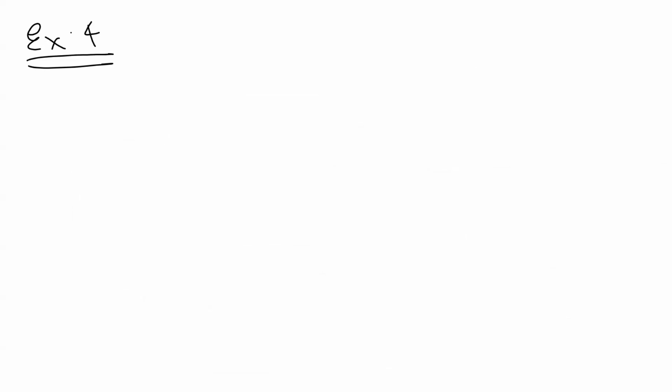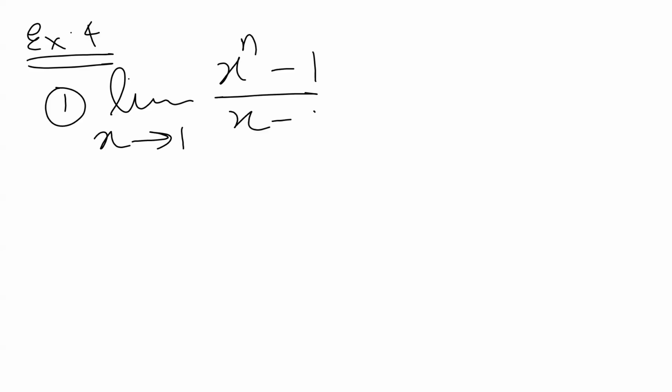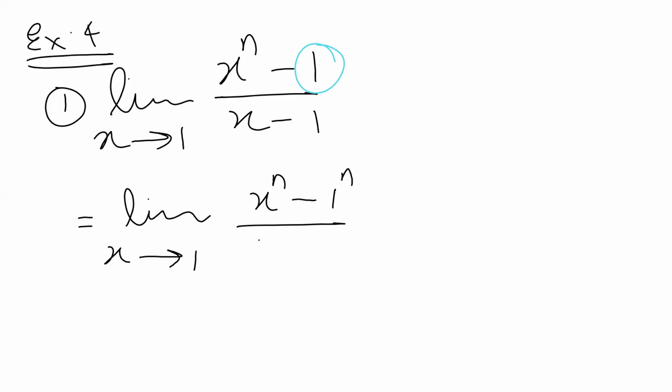The first question over here is limit x approaching 1, x raised to n minus 1 upon x minus 1, which can be further written as 1 raised to n. Can I write it as 1 raised to n? Yes, sir, because 1 raised to any power is 1. Correct.